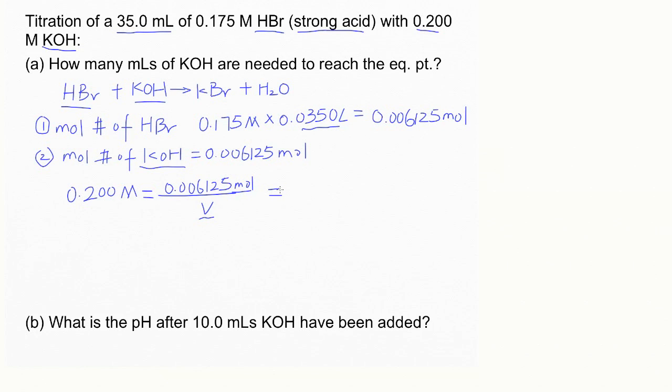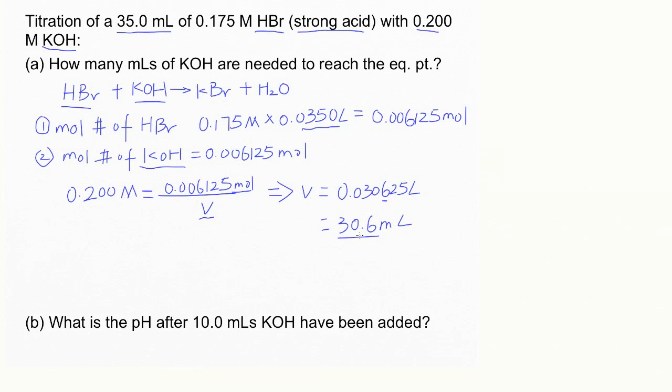Then you just rearrange the equation to find V, and that is 0.030625 liter, and we should keep 3 significant figures. You convert that to ml, and that is about 30.6 ml.